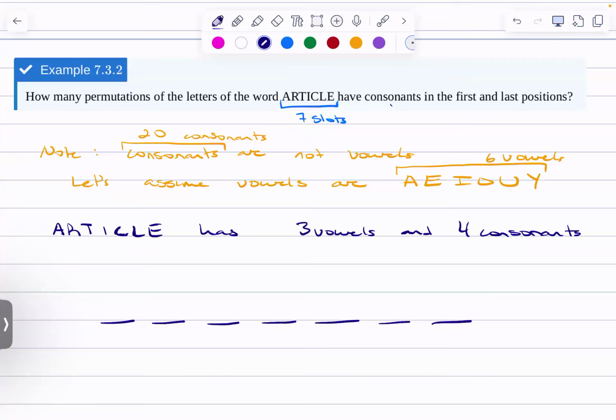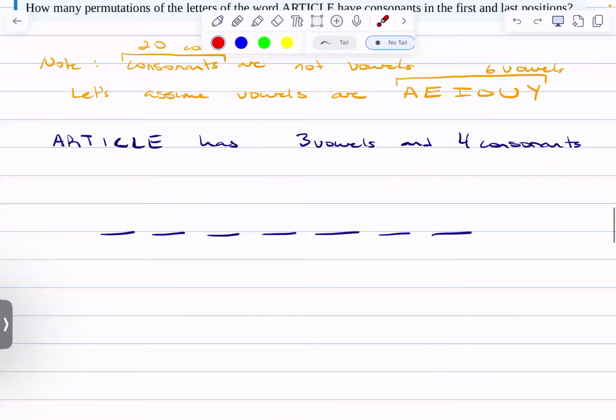We have to have consonants in the first and the last positions. And how I like to do it is I'm going to force fill the first and the last positions with consonants.